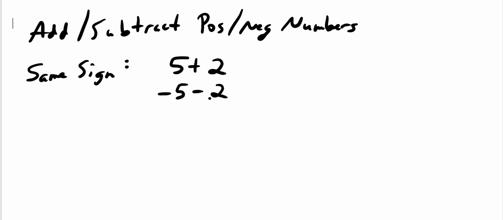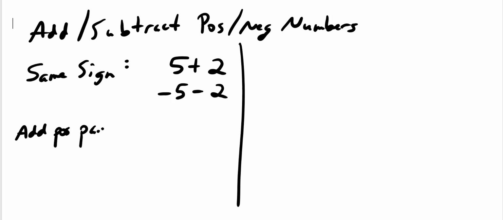So what you do is you add, this is the rule here. I'm going to break this up into two steps. First, you add the positive parts together. They're both positive in the first place, so 5 plus 2 is 7.